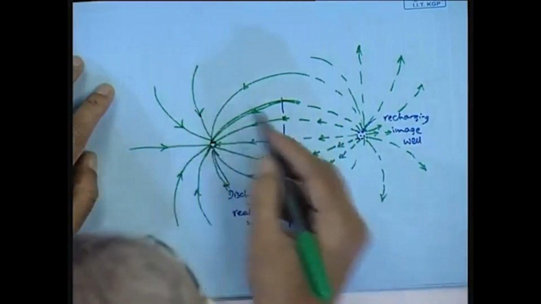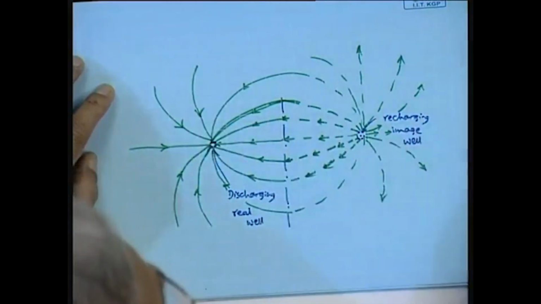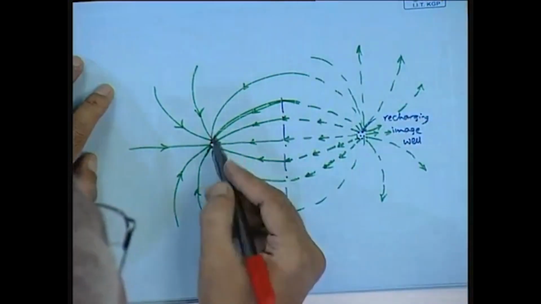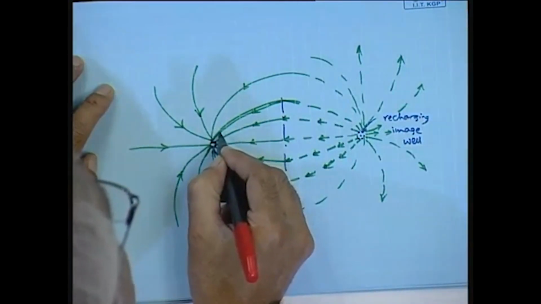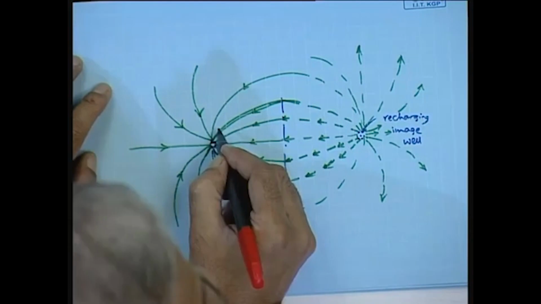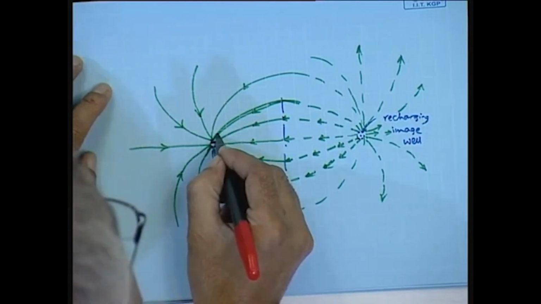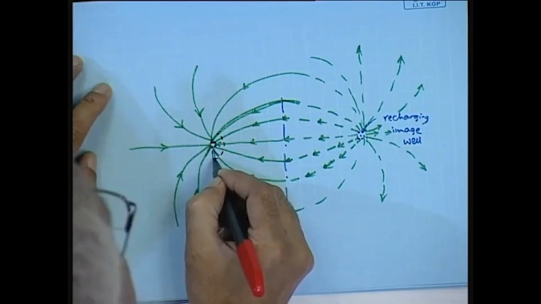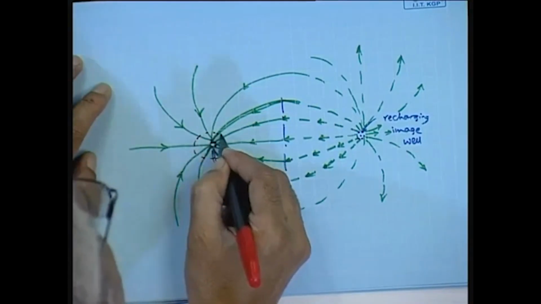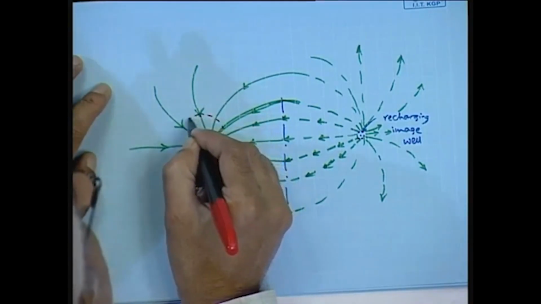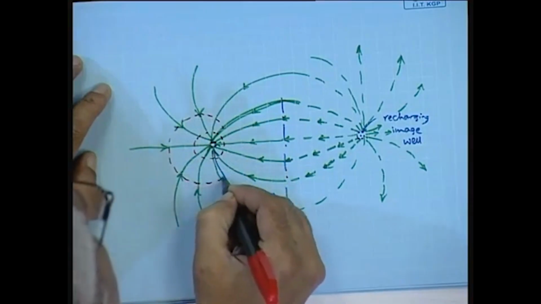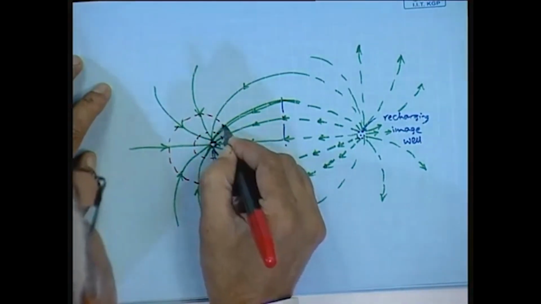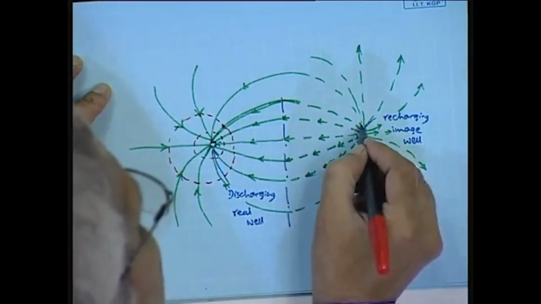And then the equipotential lines will be circles.